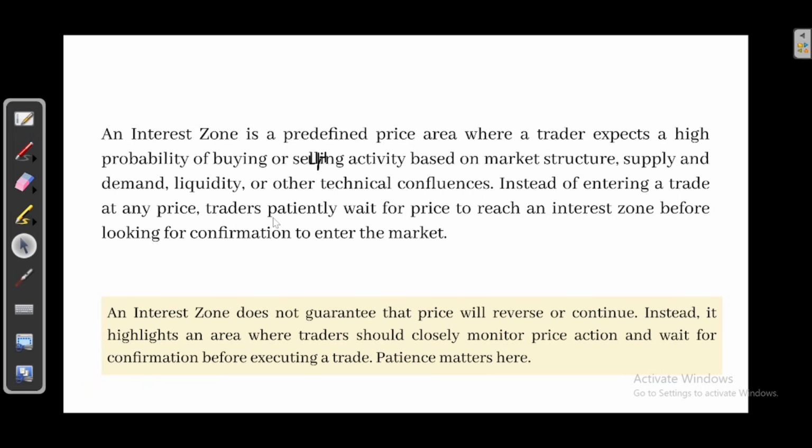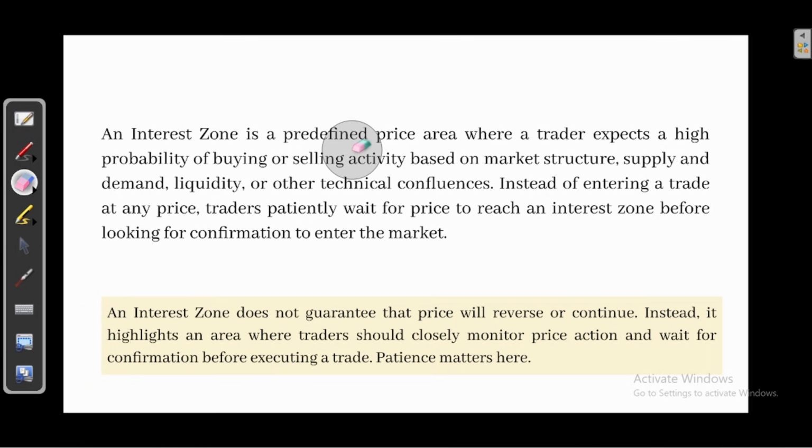Instead of entering a trade at any price, a trader patiently waits for price to reach an interest zone. See, when it comes to forex trading, one of the keys that you need to have is patience, right? You just need to wait. You need to wait for price to get to your interest zone before you start looking for opportunity to trade. The moment you cannot wait, you have signed up a contract to be playing your account.